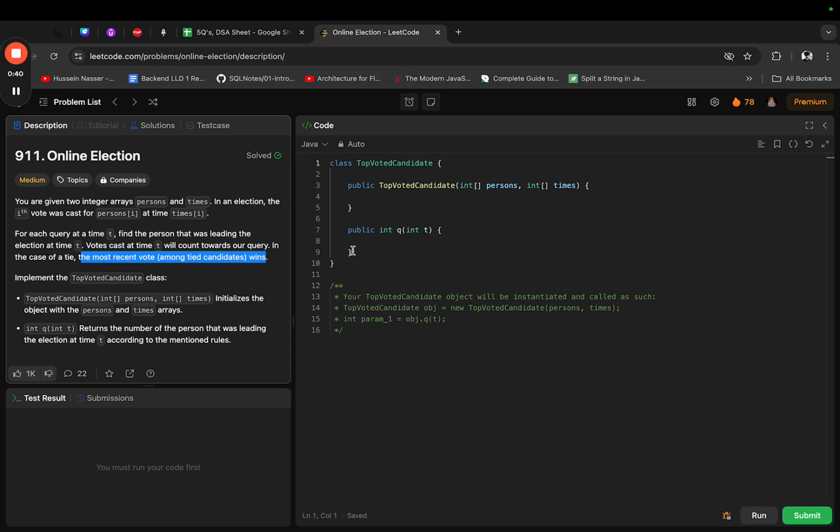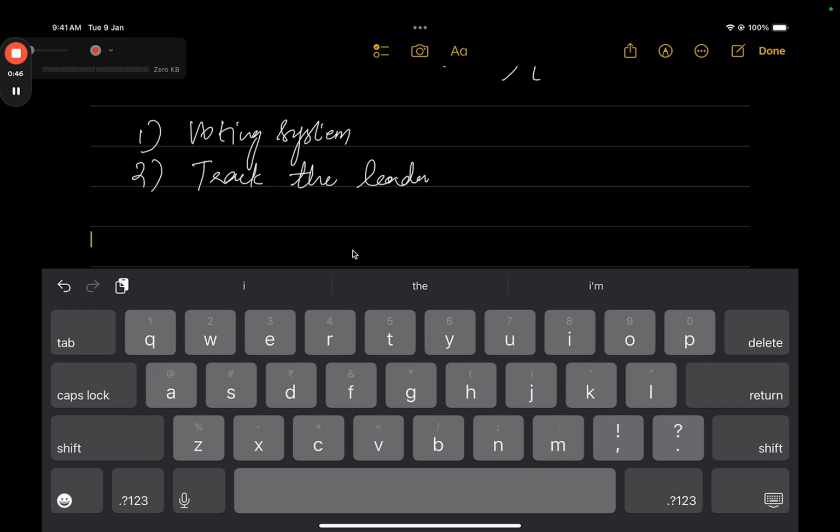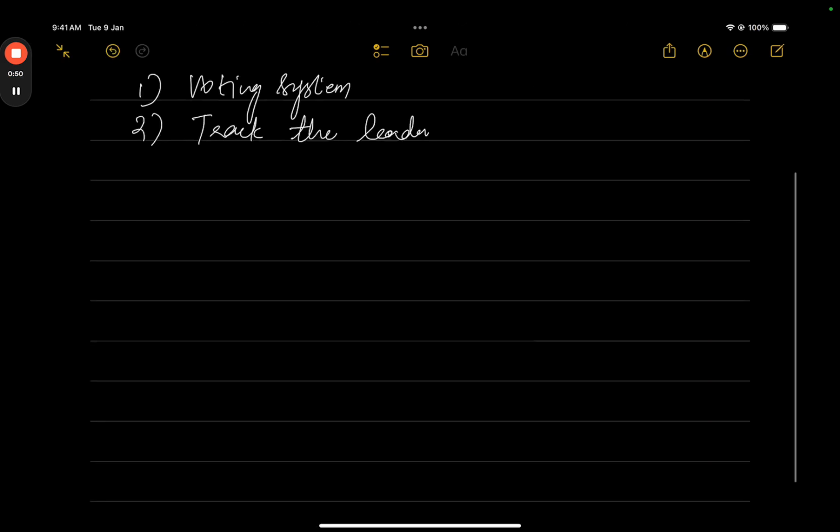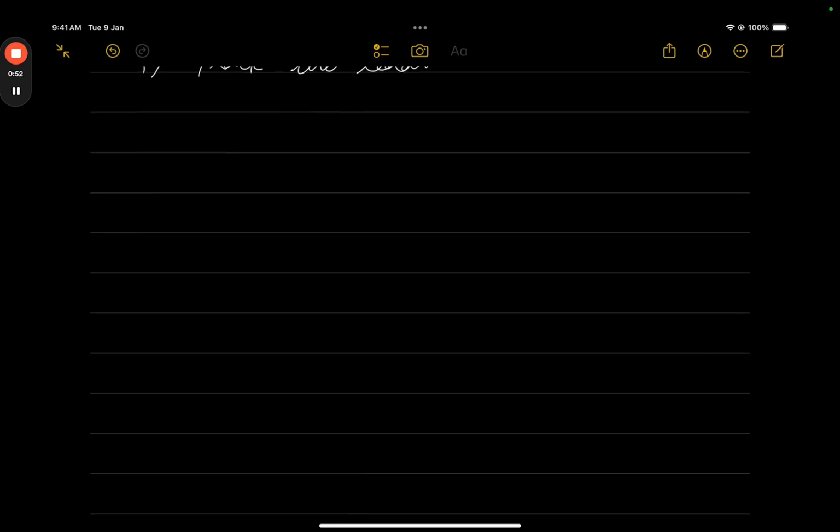So let's understand on the iPad screen for a better explanation. It involves an election where people are casting votes for candidates. You are tasked to determine the leader at a given moment, based upon the votes received so far.